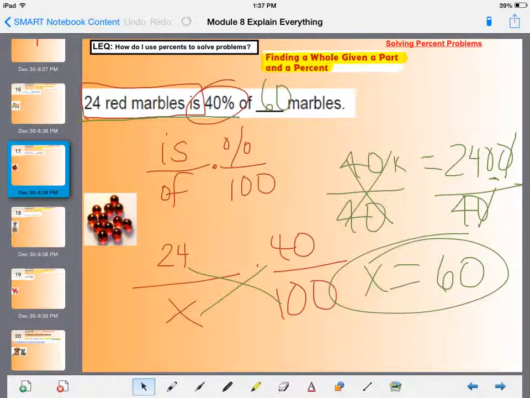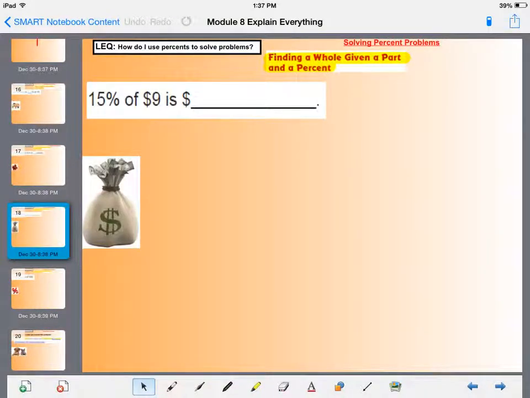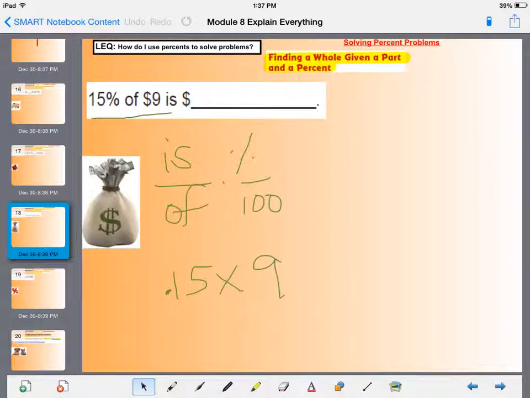Absolutely. That's my answer. Although you can use the is over of times percent over 100 for this question, this is a percent of a number question. So for this one, I'm going to want to just do the decimal form. So I can do 15 hundredths of $9.